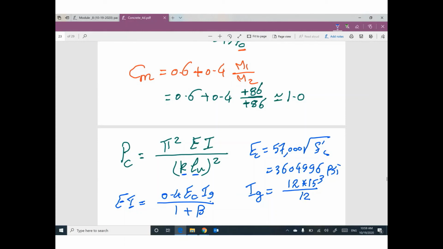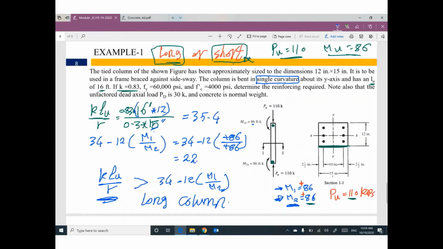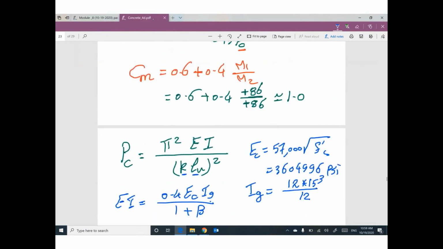This column, parallel times perpendicular cubed, which is b h cubed divided by 12. This value, 12 times 15 cubed divided by 12, will be 3375 inch to the 4.